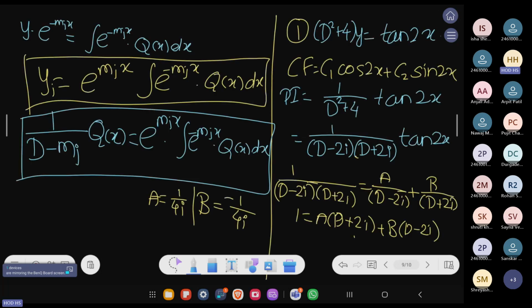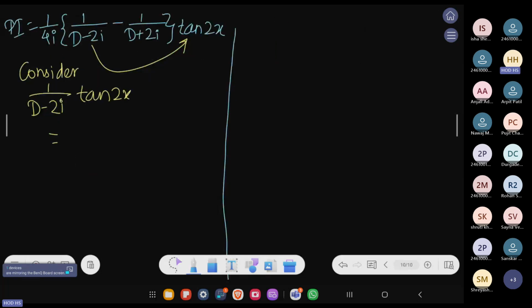You have to write down e to the power mx. Here it is minus 2i, so it is e to the power 2ix, right? e to the power mx into the integral of the negative sign as it is into e to the power minus 2ix tan 2x dx, right?